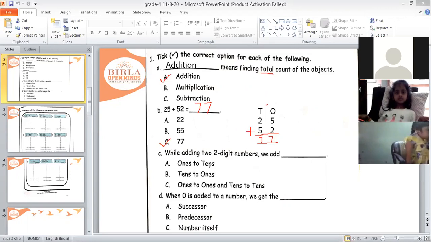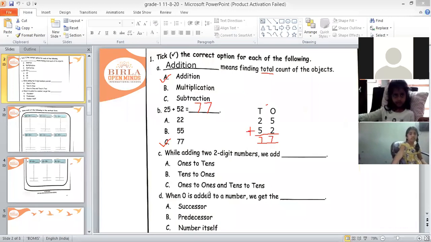Ones to tens means children, we are adding the number in ones place and tens place together. Tens to ones means we are adding the number in tens place and ones place together. Or ones to ones and tens to tens means we are adding the number in ones place to ones place and tens place to tens place. Okay, so we have to find out which one is correct.